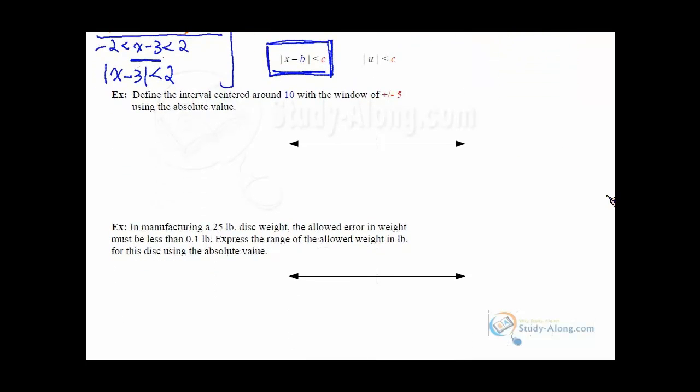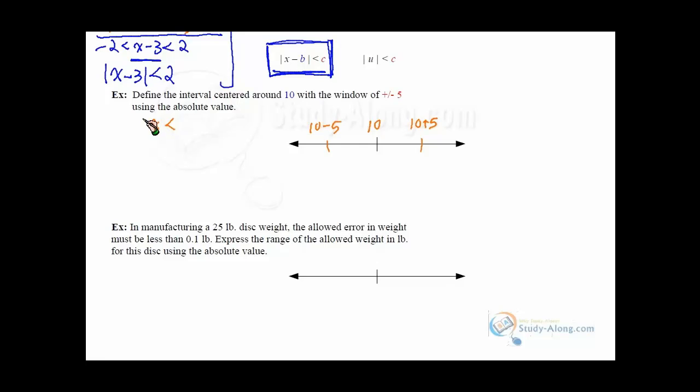Define the interval centered around 10 with the window of plus or minus 5 using the absolute value. Okay, so let's build it again. Here's 10. It wants plus or minus 5. This would be 10 plus 5, and this would be 10 minus 5, right? So, what would we have here?